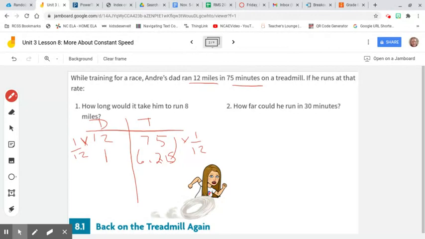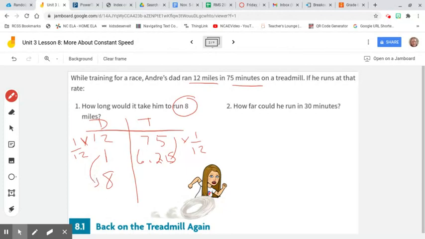Now that's how long it takes Andre's dad to run 1 mile, which is 6.25 minutes. But if you look at question number 1, it wants to know how long it takes him to run 8 miles. So 8 miles is going to go over here. How do we get from 1 to 8?